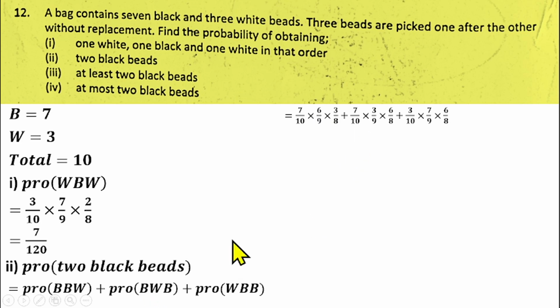Then plus the probability of the first black, 7/10, multiplied by the probability of the white, 3/9, multiplied by the probability of the second black, 6/8. Plus the last one, the probability of white, 3/10, multiplied by the probability of the first black, 7/9, multiplied by the probability of the last black, 6/8.